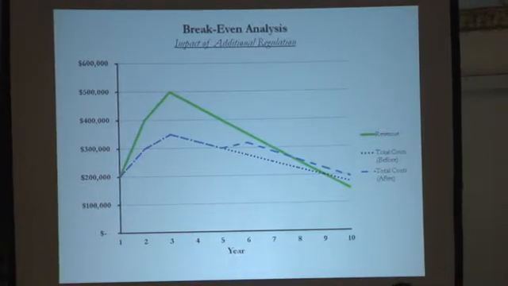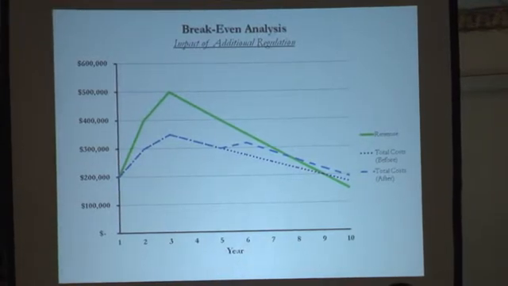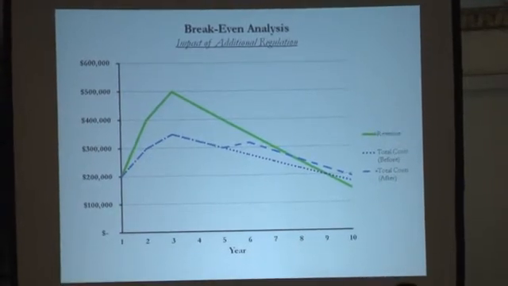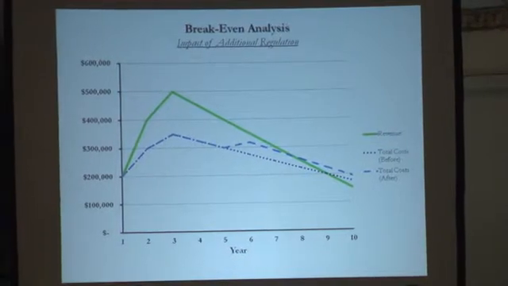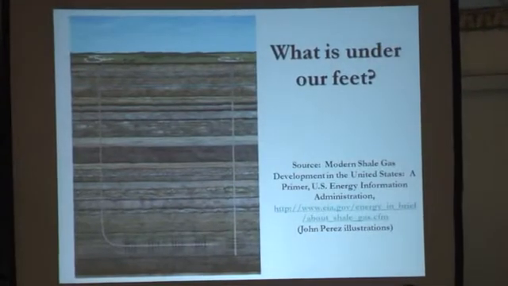So one of the things to keep in mind when we're talking about the industry is that increased regulations will decrease the usable life of an oil and gas well, and lower price technologies can increase the life of the well. And that's what we're seeing with hydraulic fracturing and horizontal drilling.